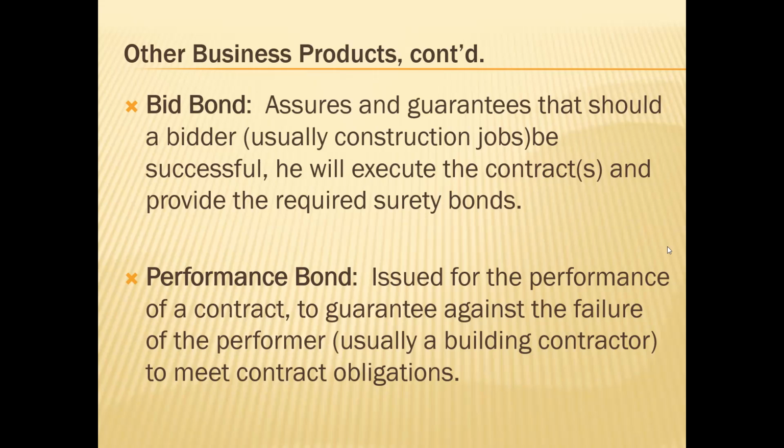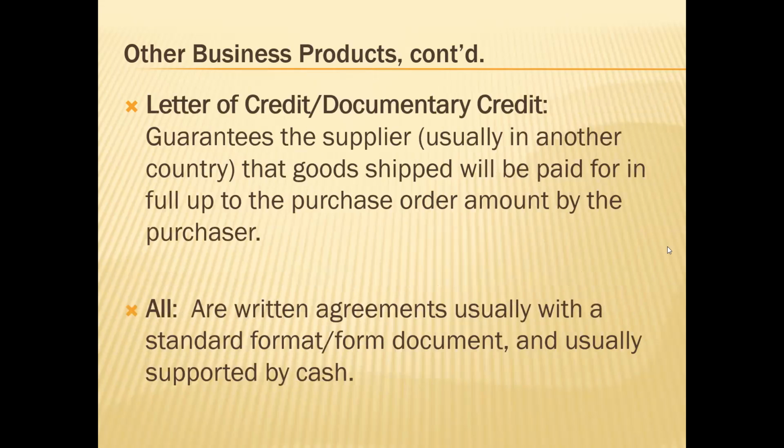Rather than begin looking at that, because I wanted to do the bid bond and the performance bond together, and we still have the letter of credit or documentary credit to look at, what I will do is look at these items next time: the bid bond, the performance bond, and the letter of credit or documentary credit.